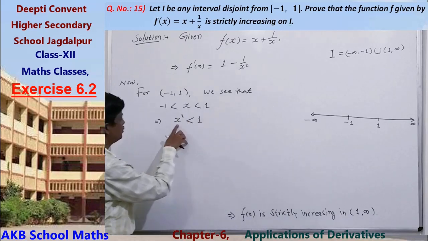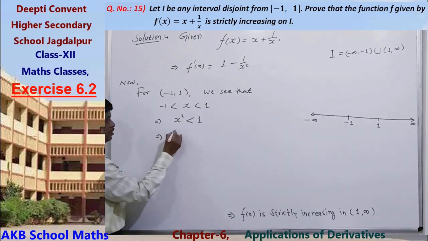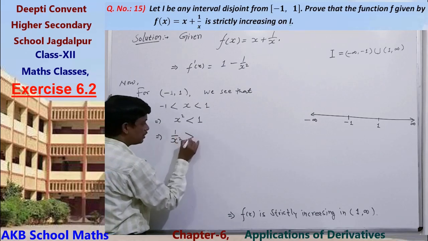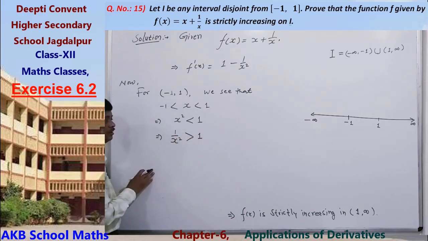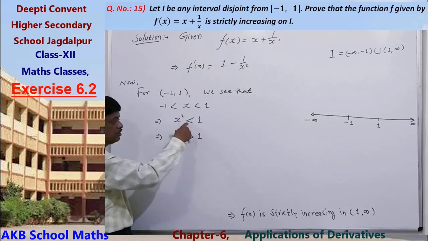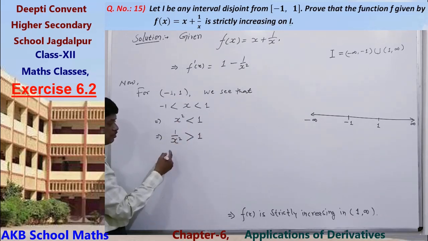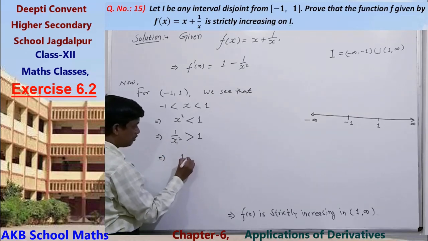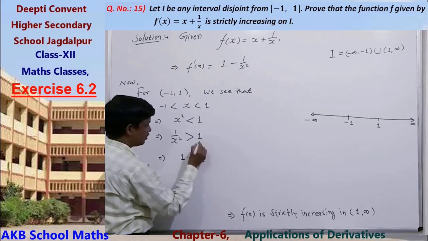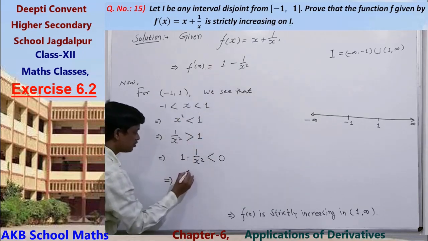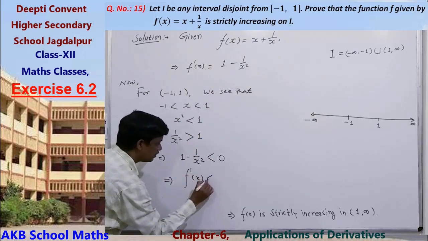That's why x² < 1, which implies 1/x² > 1. Inverting, the sign changes, so 1 - 1/x² < 0, which is the value of the derivative. So f'(x) < 0.